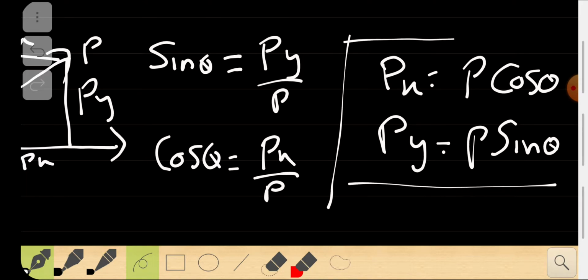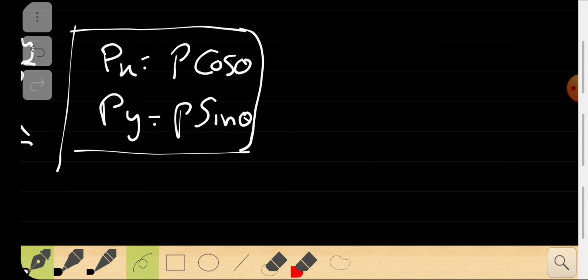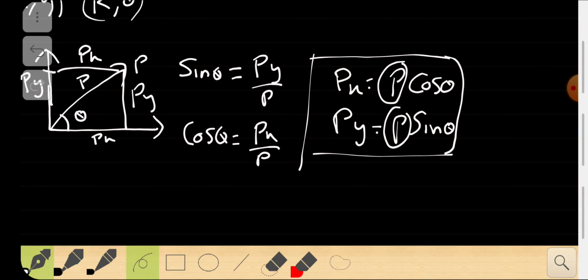Now you have introduced a changing coordinate system where you have Px and Py in terms of the magnitude P and theta. This P is called the radius; you can consider it as the radius or the magnitude itself.